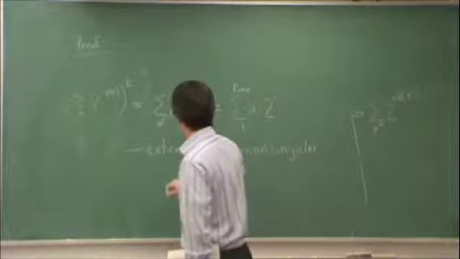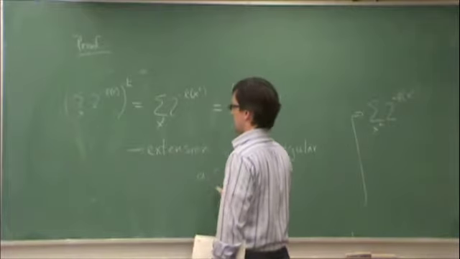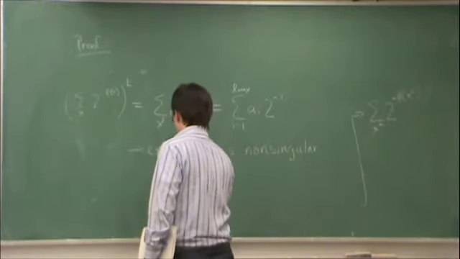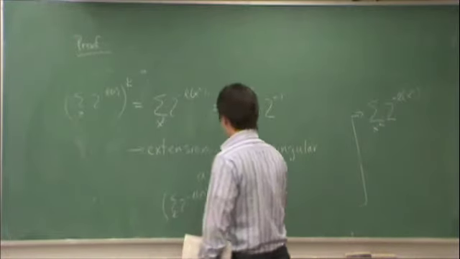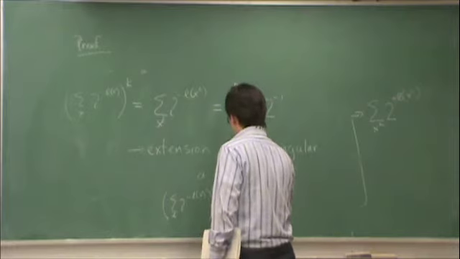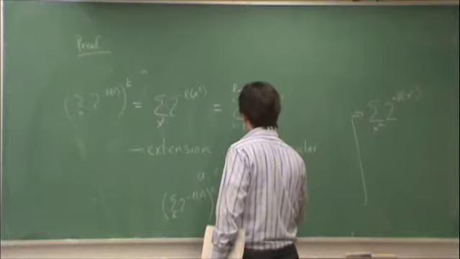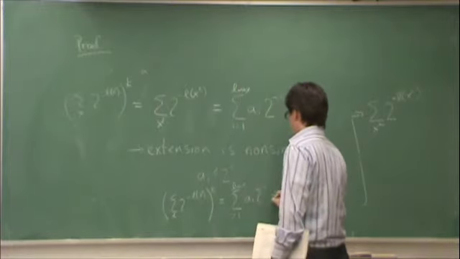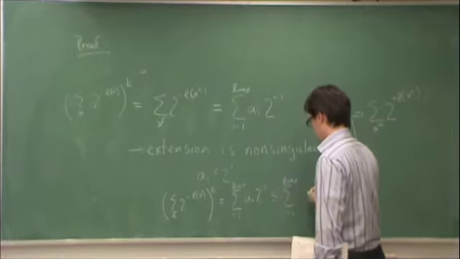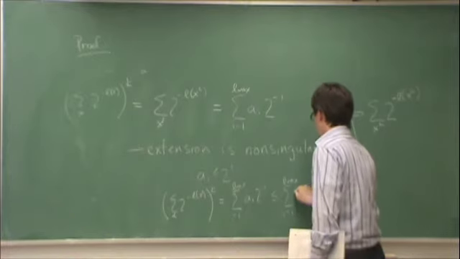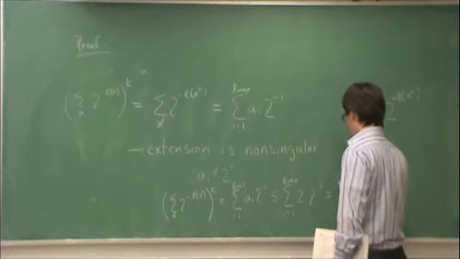So what this, taken together with this, implies is that the sum over x of 2 to the minus L of x, to the k, is equal to the sum from I equals 1 to L max of AI 2 to the minus I, which is less than or equal to the sum from I equals 1 to L max of 2 to the I times 2 to the minus I, which is equal to L max.